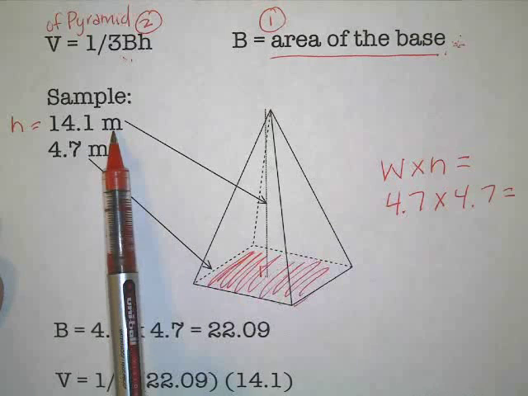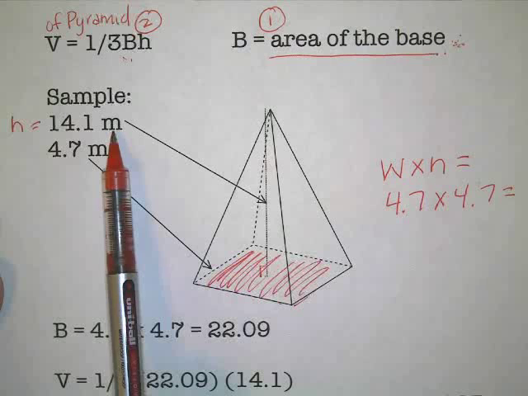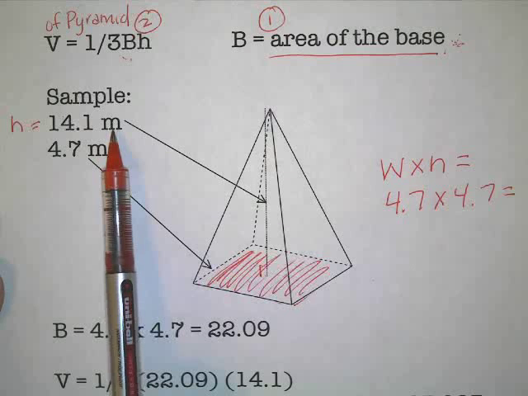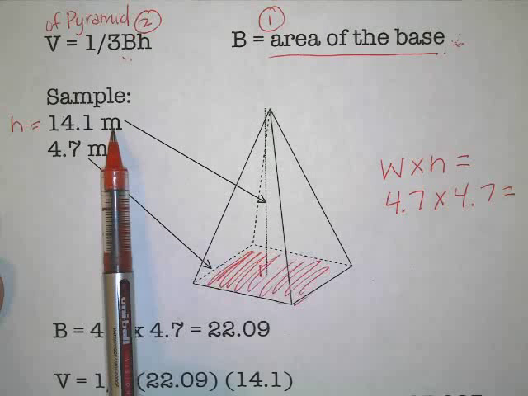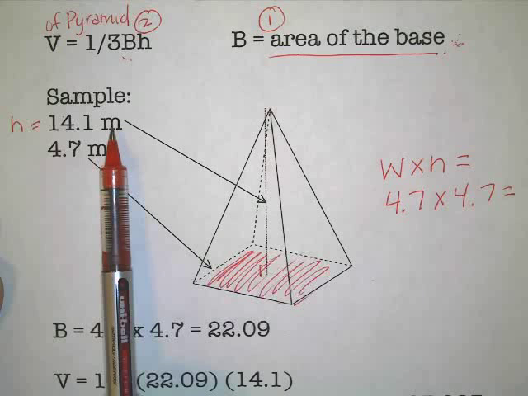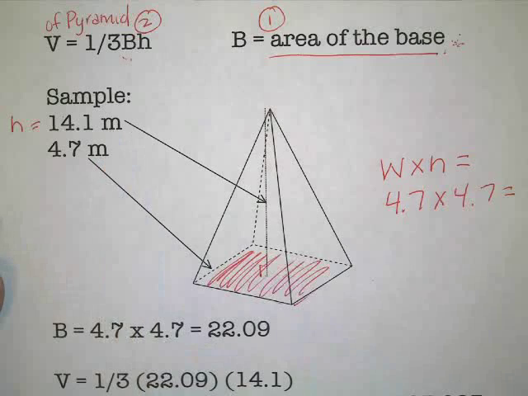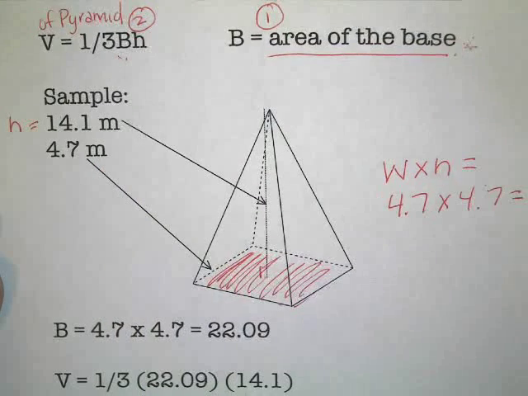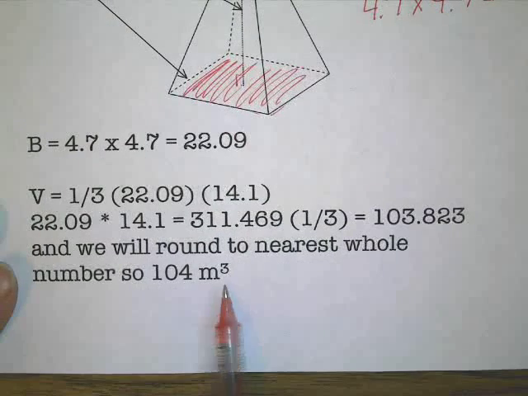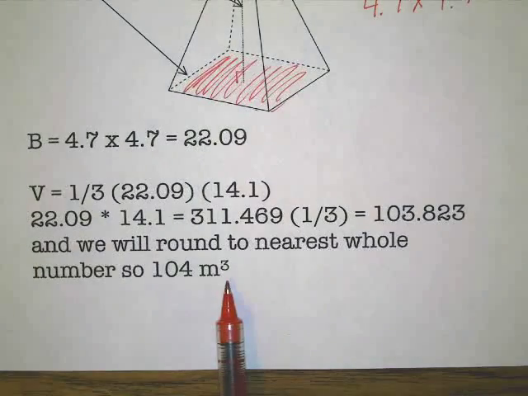I use 0.333. But you really can multiply fractions. And how do we label the meters? Are we using volume or area? So how do we label it? Cubed. 104 meters cubed. All right.